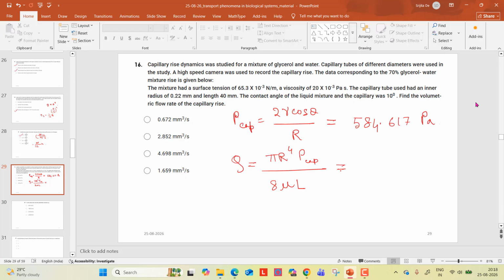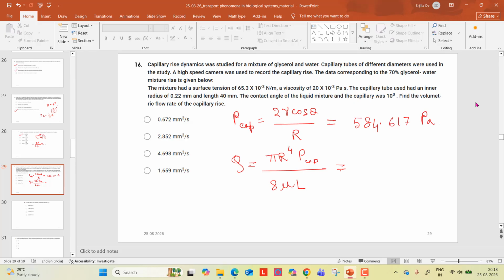So pi is 3.14 into r is 0.22 into 10 to the power minus 3, whole to the power 4.